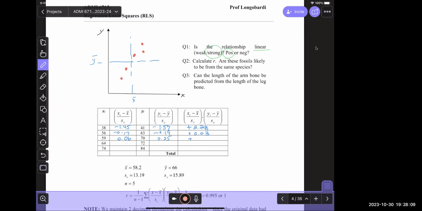And what do you get? 0.015. Okay, and then the last two. 0.015. Then 0.2. I'm rounding.